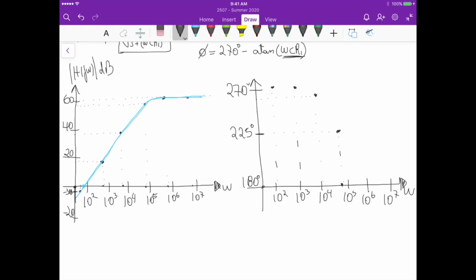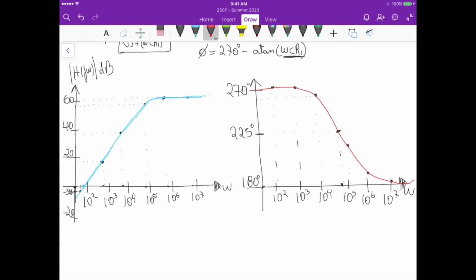And then the same here, for 10 to the 5, we have something around 216, 218. 10 to the 6, we are more close to 180, and eventually 10 to the 7, and for higher frequencies we keep constant at 180 degrees. So if we draw the phase here, that's the phase we observe, right? So this is basically the Bode plot, okay?